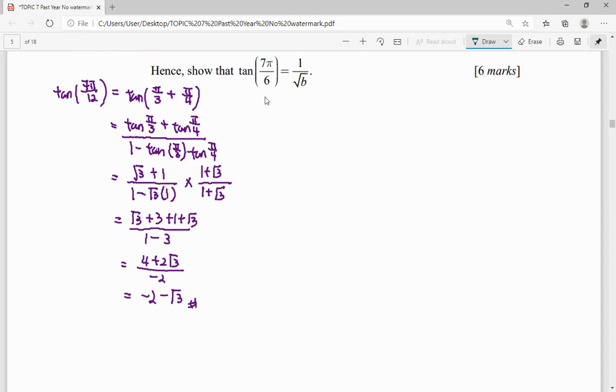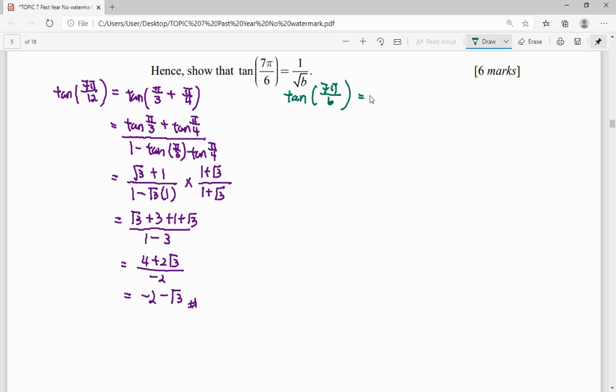We can see the relationship when we have tangent 7 pi over 6. Compared to the previous tangent 7 pi over 12, you can see actually this is a double angle. When we double the angle 7 pi over 12, it will equal 7 pi over 6.